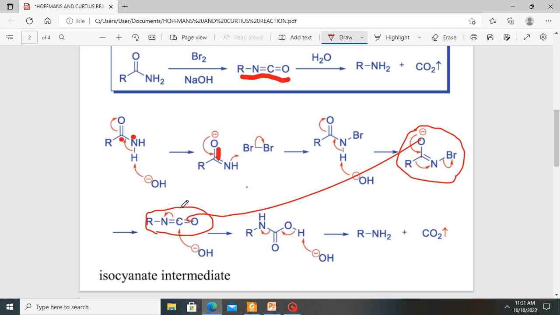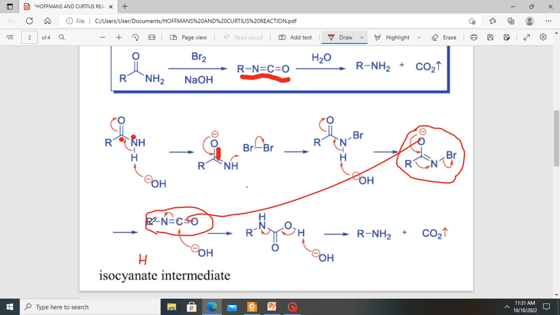The next reaction is basically a hydrolysis reaction, which involves addition of water. So when you add water to this compound, the water splits into a hydrogen and a hydroxide ion. Now the hydrogen attacks the nitrogen, whereas the hydroxide ion attacks the carbon.